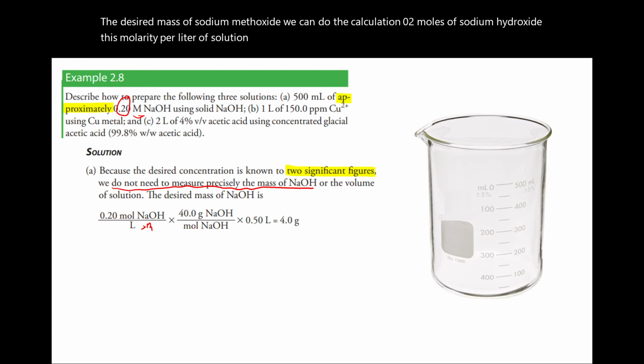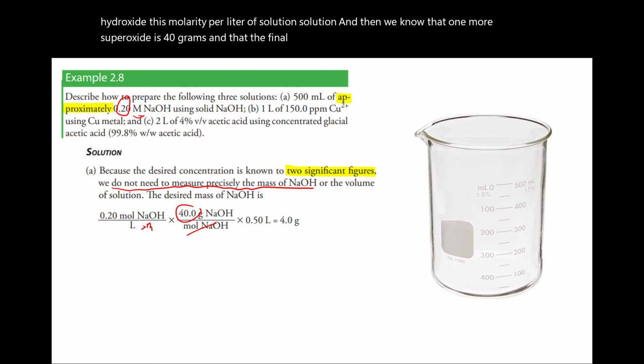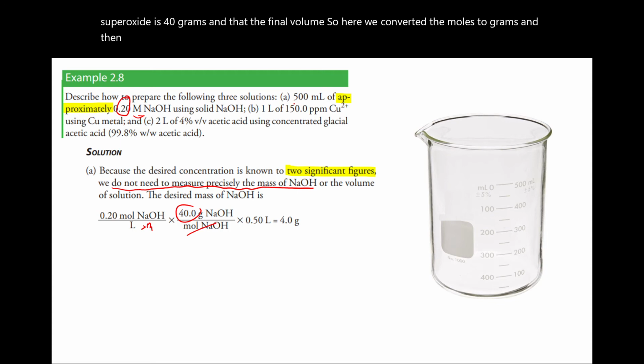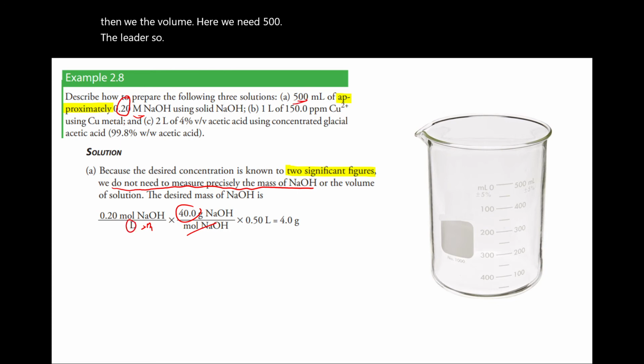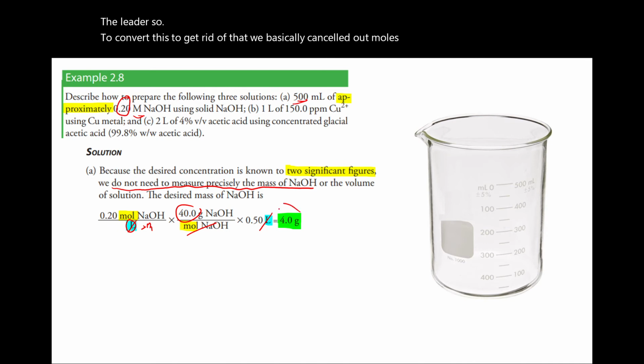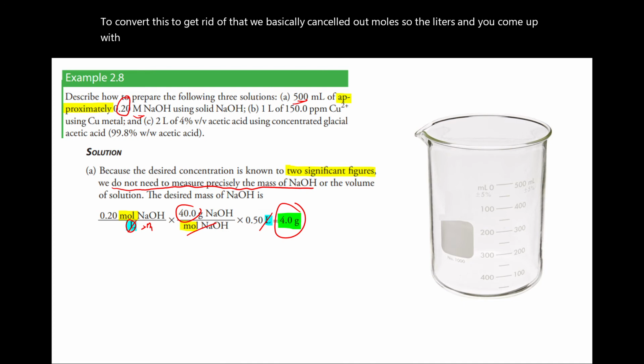We know that 1 mole of sodium hydroxide is 40 grams, and the final volume we need is 500 milliliters. Converting this, we cancel out the moles and the liters, and you come up with 4.0 grams of sodium hydroxide.